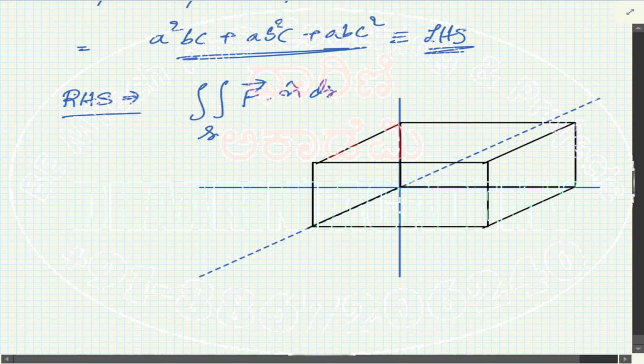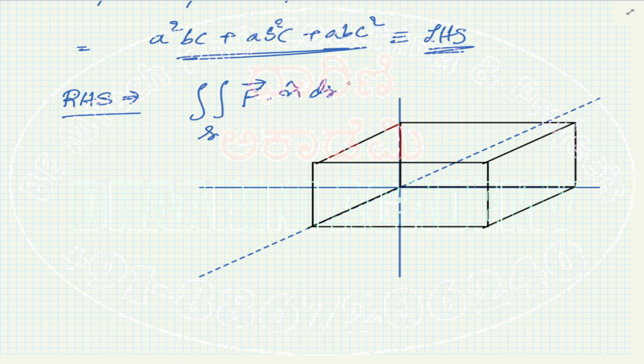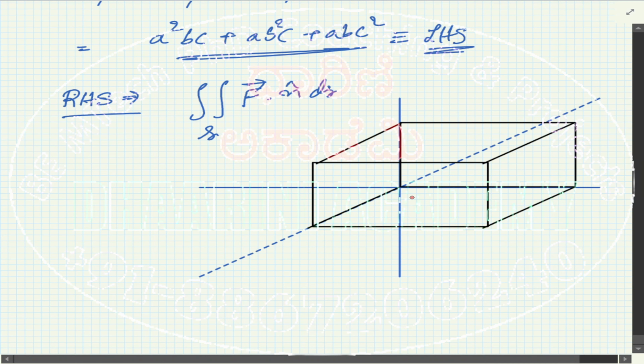Now let's give some names for them. This is the origin O. I'll call this point A, then this point B, and this point C. Then we have the other points like E, F, and P. So C is here, E is here, A, origin.